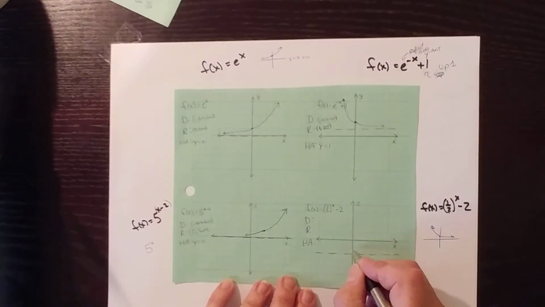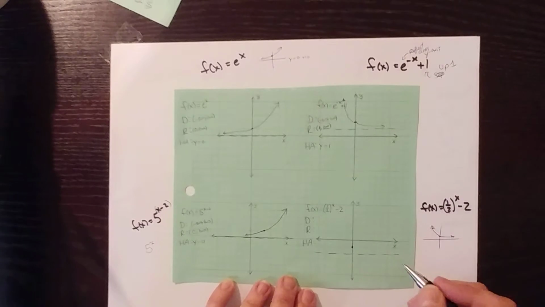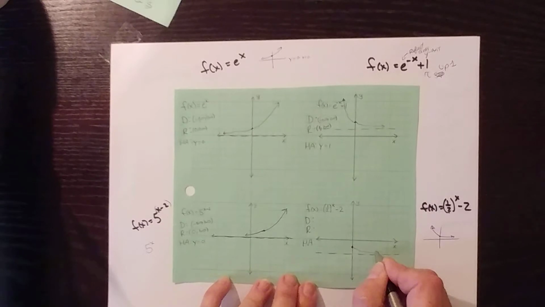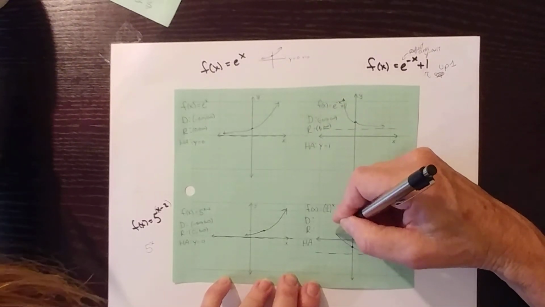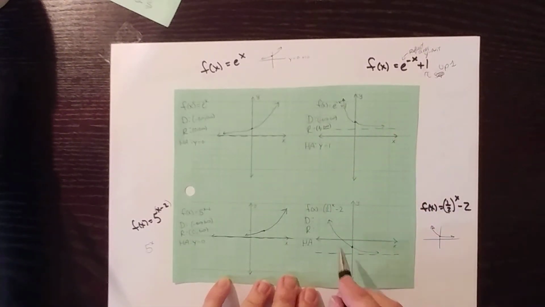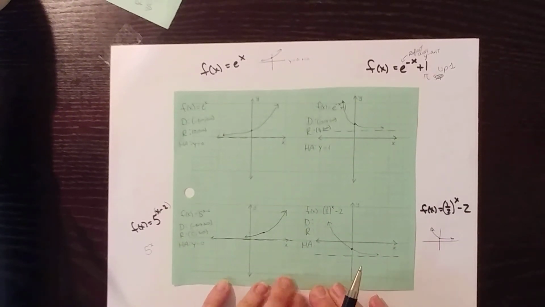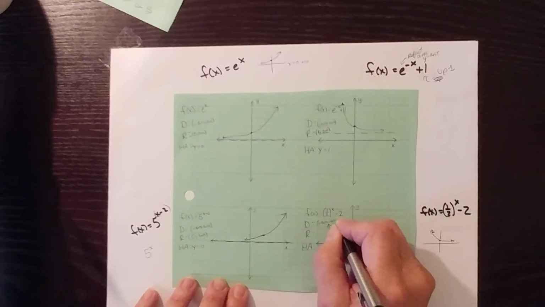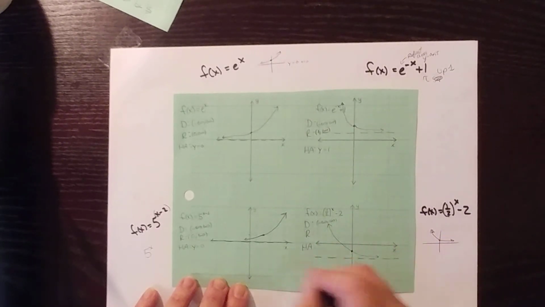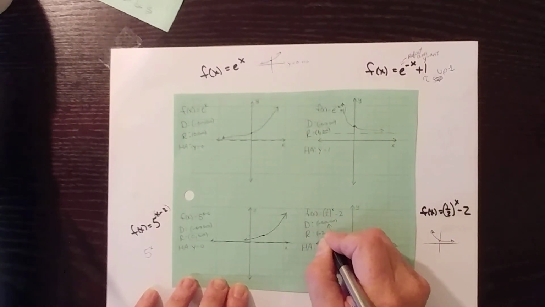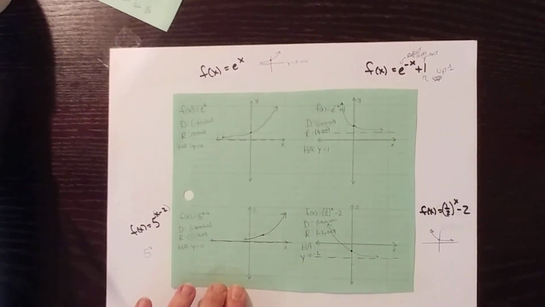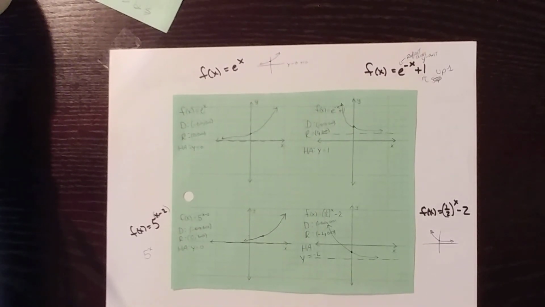The intercept is always 1, up 1. But this is a decreasing graph, and so it gets shifted this way, like this. And the reason this one looks like it's decreasing like this is because the base is between 0 and 1 instead of greater than 1. The domain is still negative infinity to positive infinity. The range, however, is -2 to infinity, and the horizontal asymptote is y equals -2. So there are some different things that you might get with exponentials.